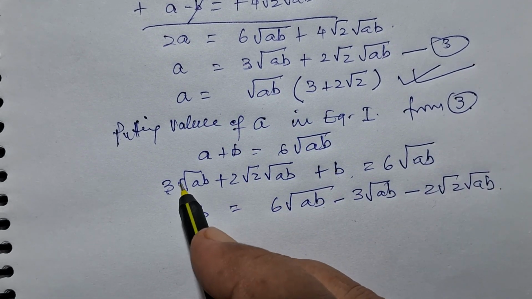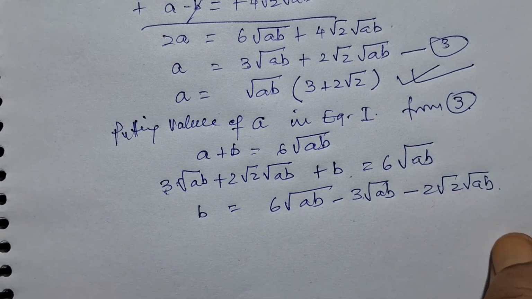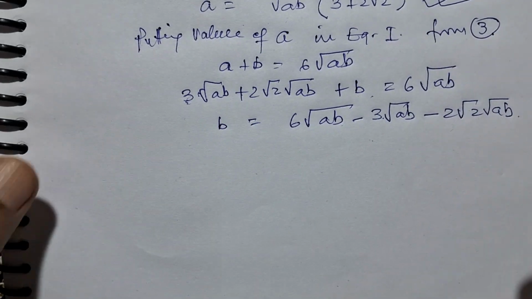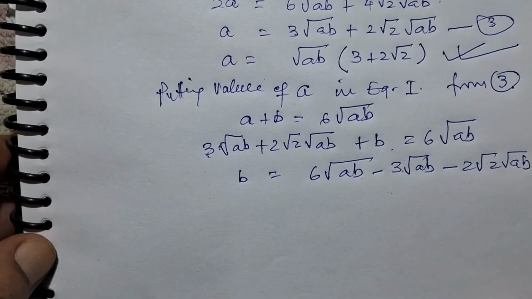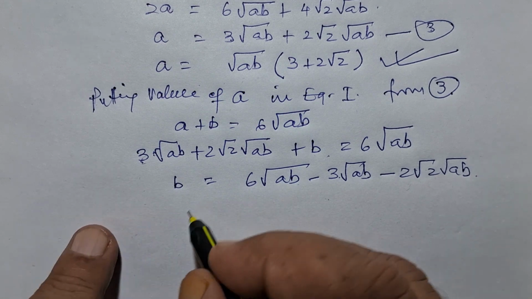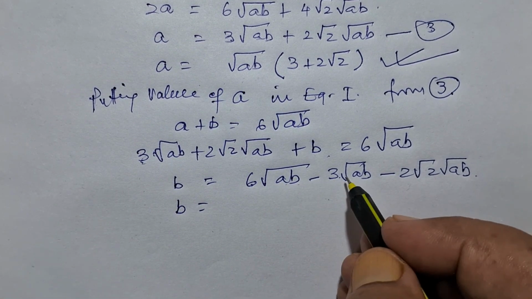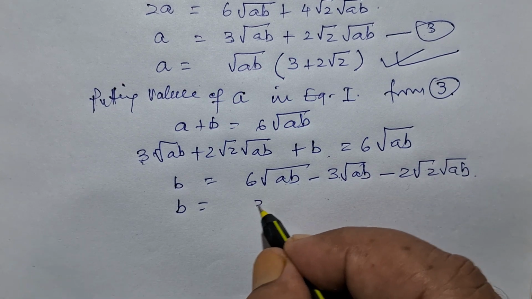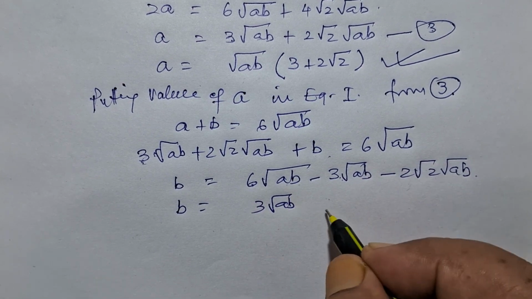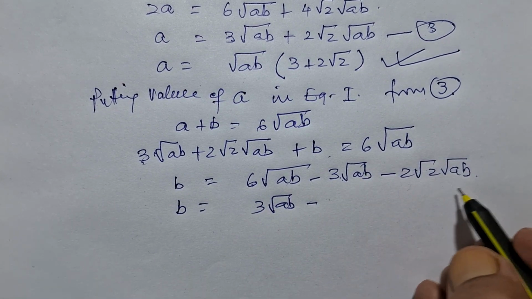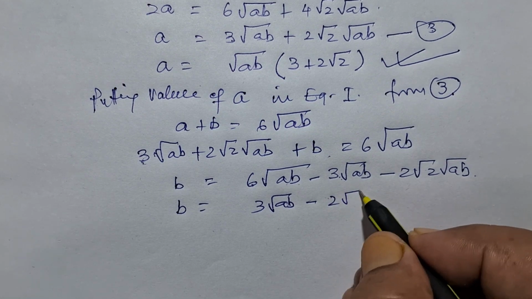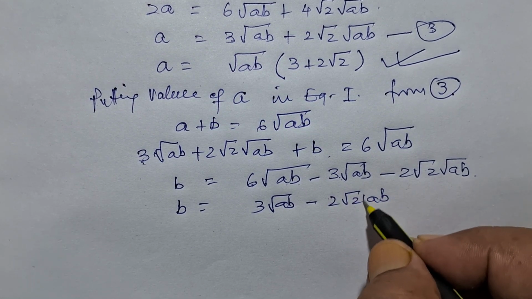This is plus, this is minus, this side. Now b is equal to 6 root ab minus 3 root ab, which will be 3 root ab, and here it will be minus 2 root 2 under root ab.